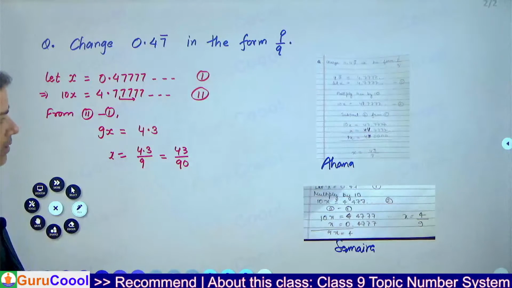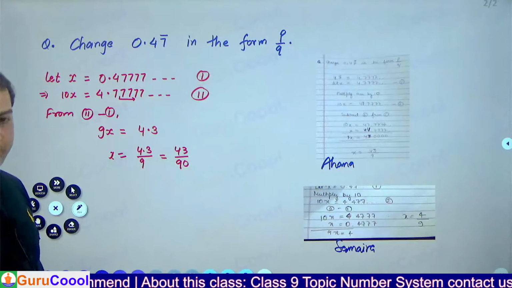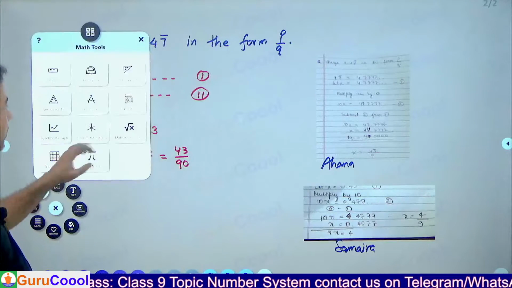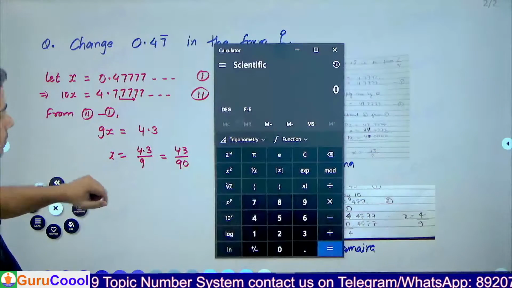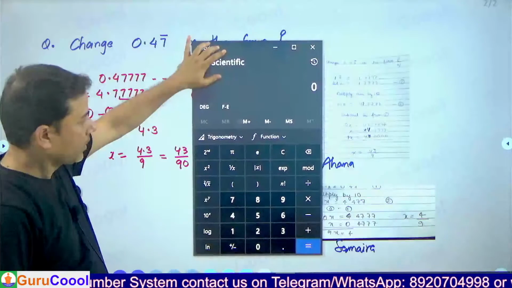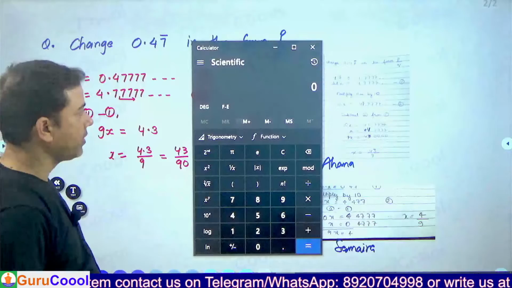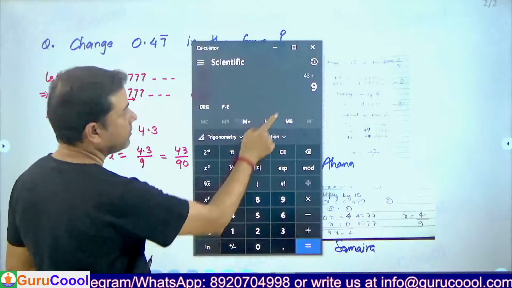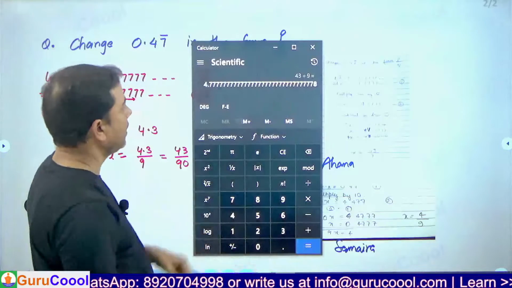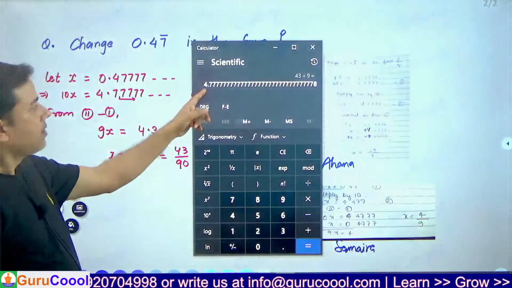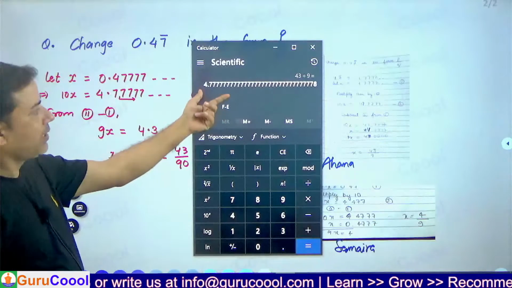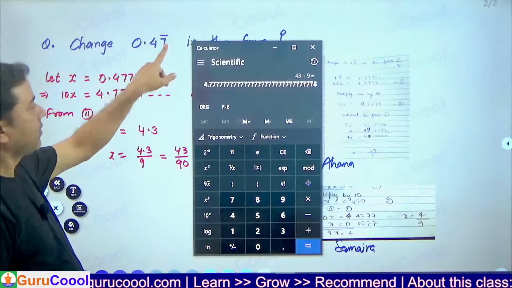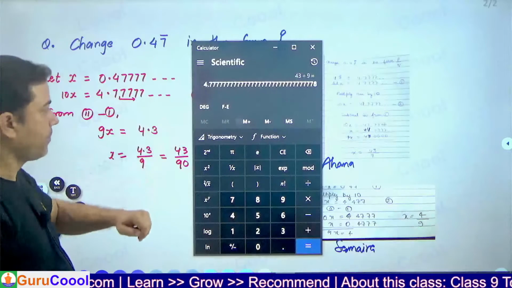Both of you have made mistakes. We can cross check it with the help of a calculator. Ahana, your answer is 43 by 9. Let us divide 43 by 9. The answer is 4.7777. That's a different number. The given number was 0.47777, but it's different.